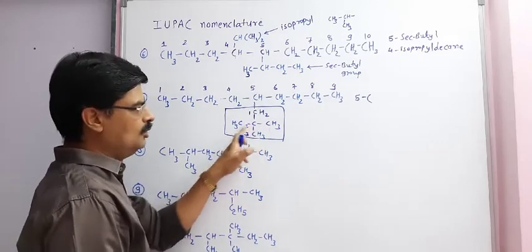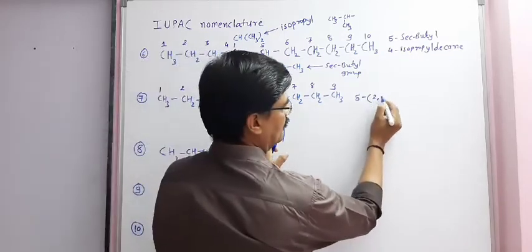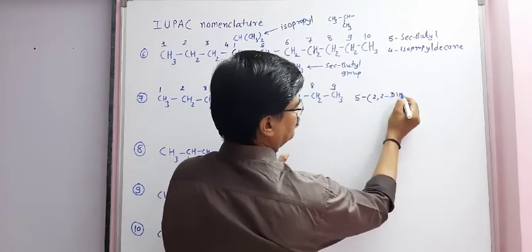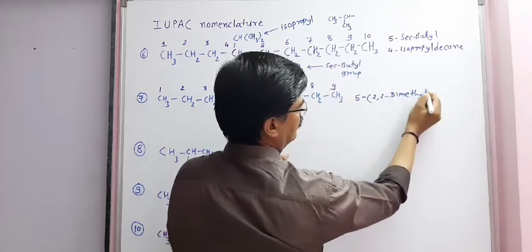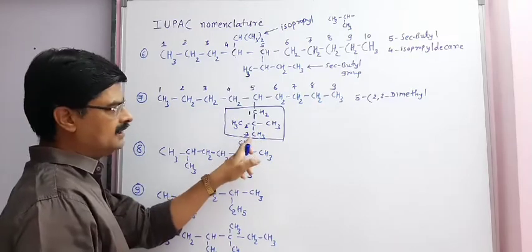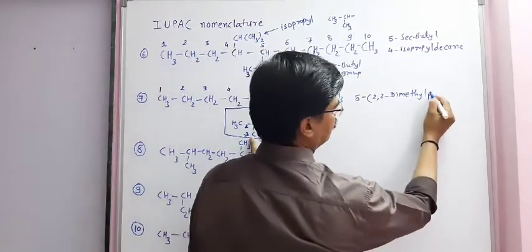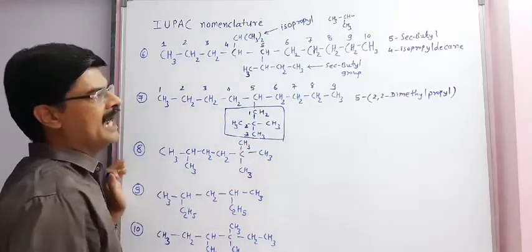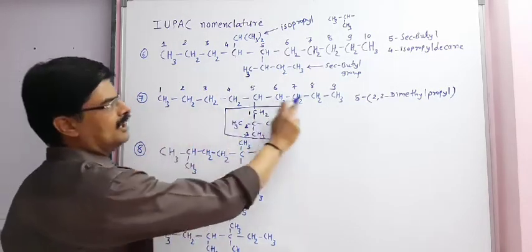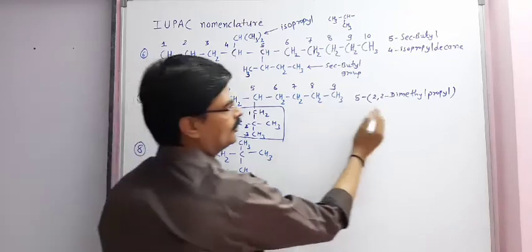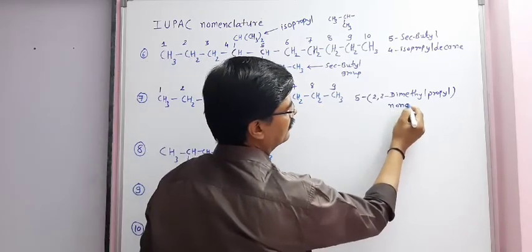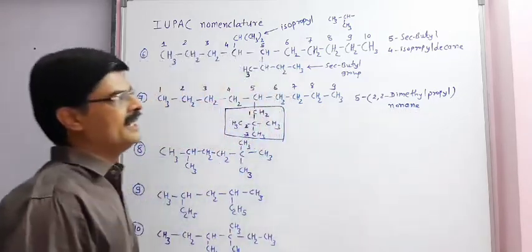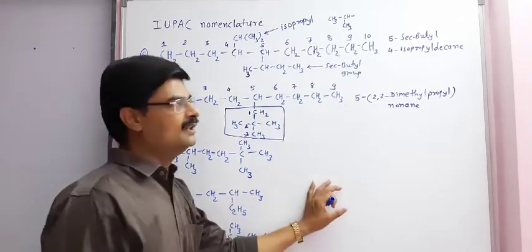Here we have 2,2-dimethyl. Dimethyl, total 3 carbons, so propyl. 5-2,2-dimethyl propyl, and total number of carbon atoms are 9, so it will be nonane. 5-2,2-dimethyl propyl nonane.